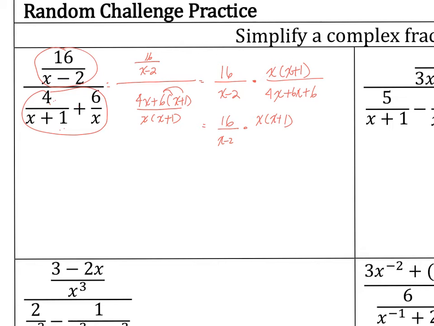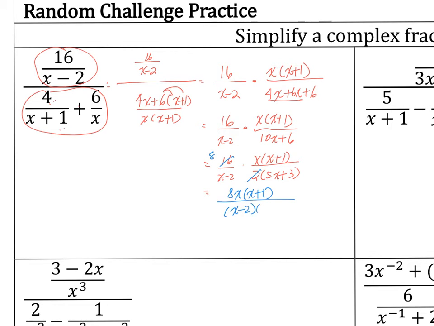And then I'm going to add these together, so this will be 10x plus 6. I'm going to factor out the 2, and then I can simplify. So then your final answer will be 8x times x plus 1 all over x minus 2 times 5x plus 3.